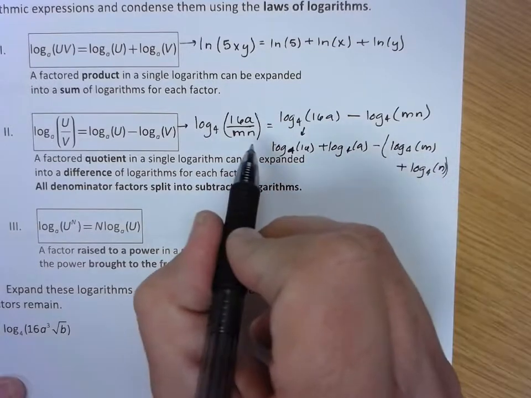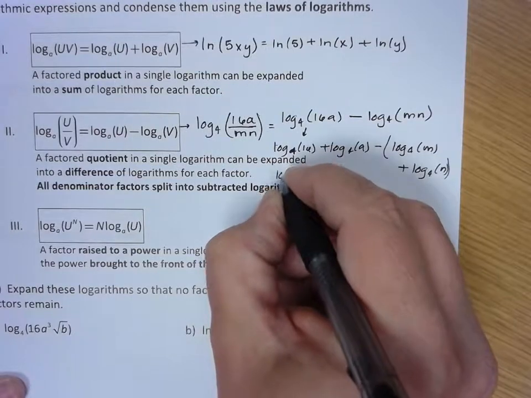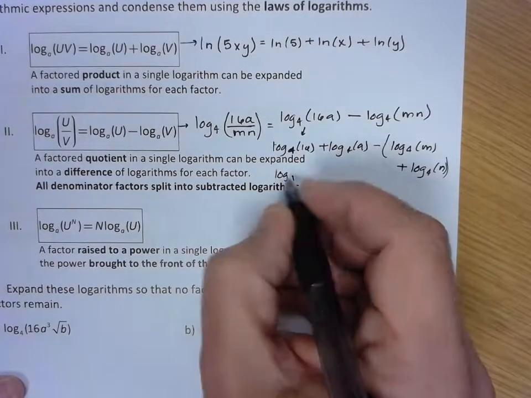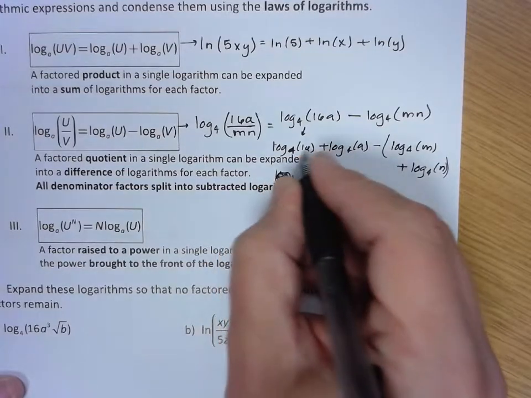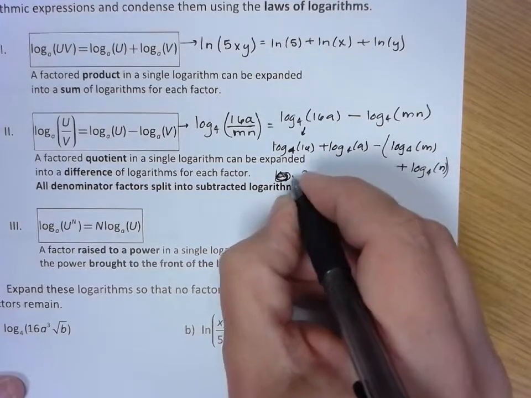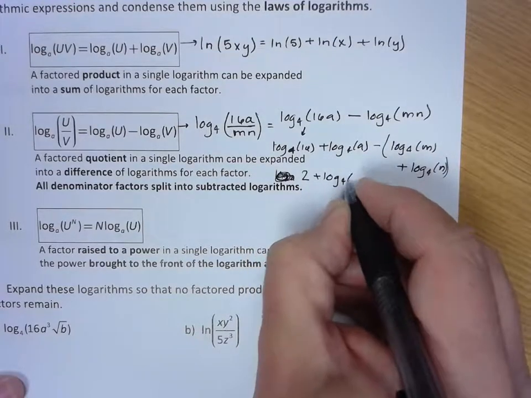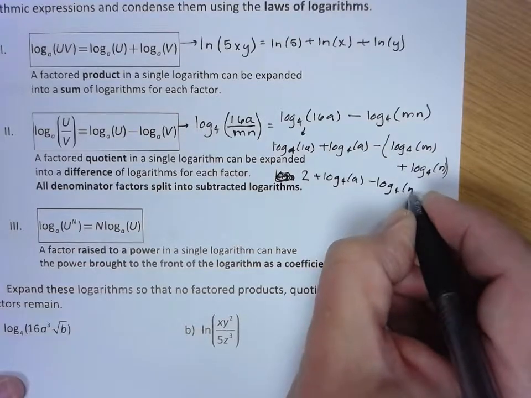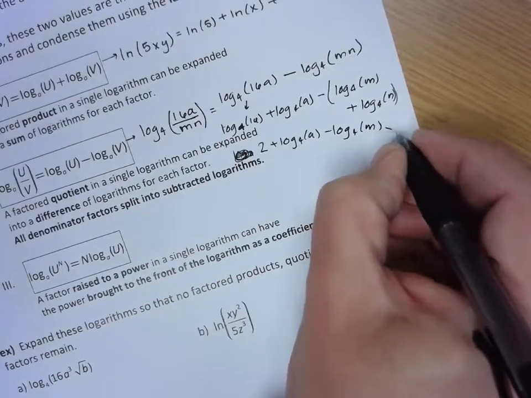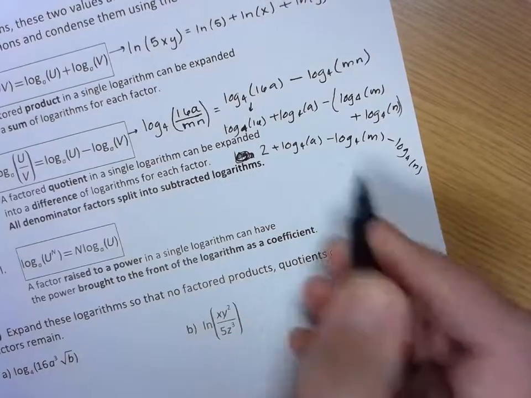So when all is said and done, log base 4 of 16 you would turn into the number 2, because that's what log base 4 of 16 is. So it would start off as 2 plus log base 4 of a minus log base 4 of m, and then again minus log base 4 of n. Sorry about running out of room there.